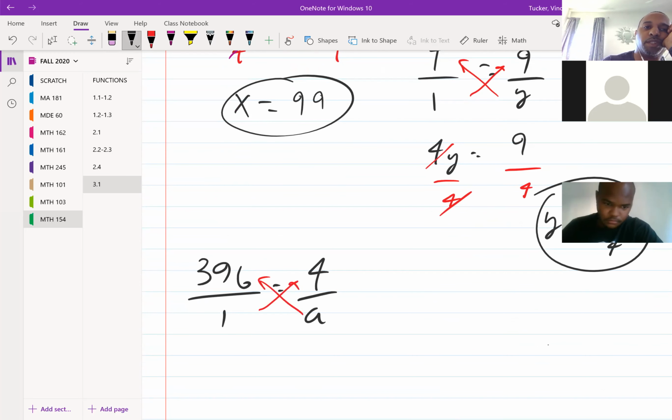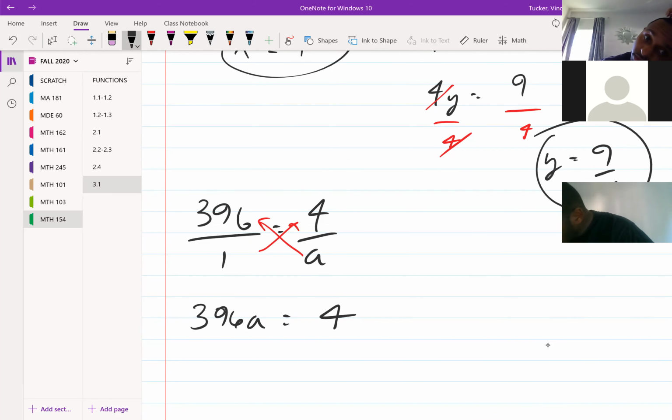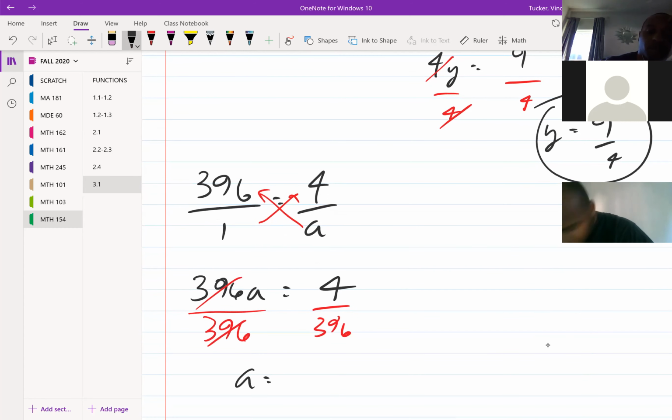Cross multiply. Once you set up your proportion, that's all we'll do, is cross multiply. That's 396A equal to 4. Divide by 396. That should be 1 over 99.